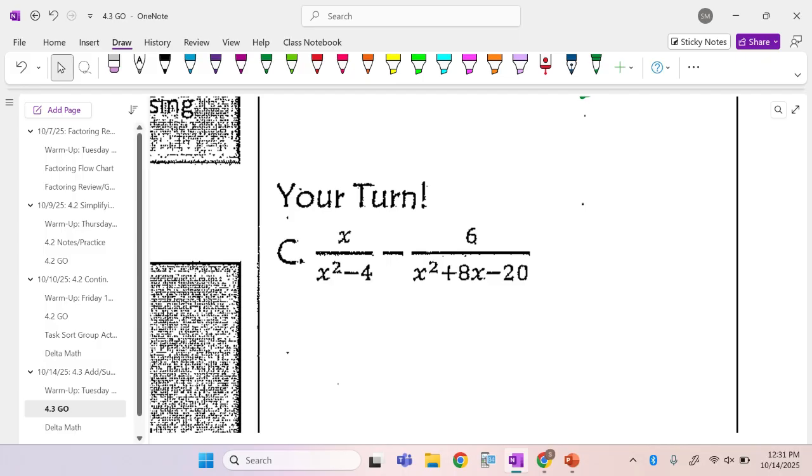The x squared on the top. What is that? Minus 6. Yeah, so that's, okay, and then distribute.